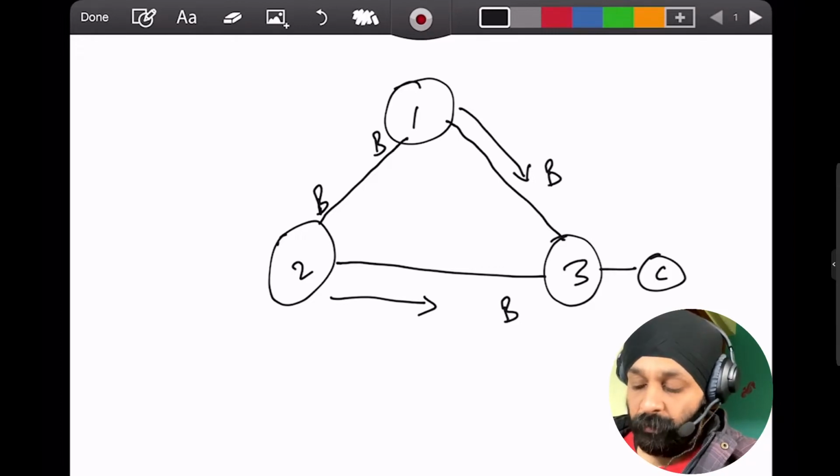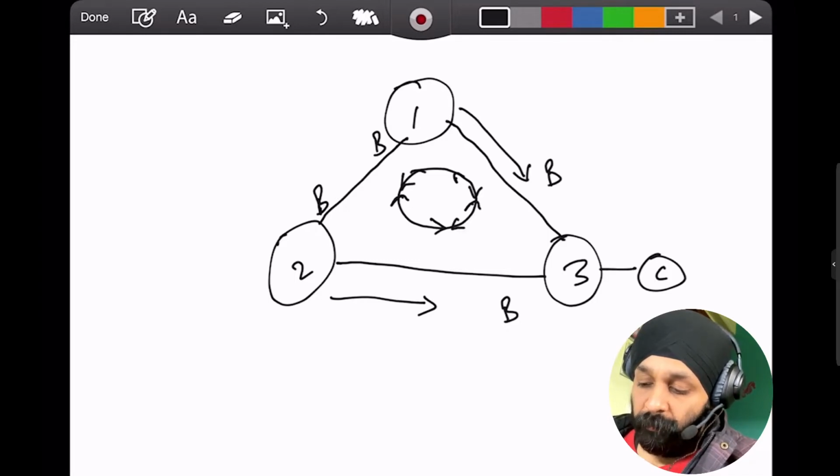Now, what is going to happen is this broadcast is going to loop both ways on all the switches. It's just going to broadcast, broadcast, and broadcast. Again, switch 3 receives a broadcast from switch number 2. It's going to broadcast it back to switch number 1. And switch number 1 is going to broadcast to switch number 2.